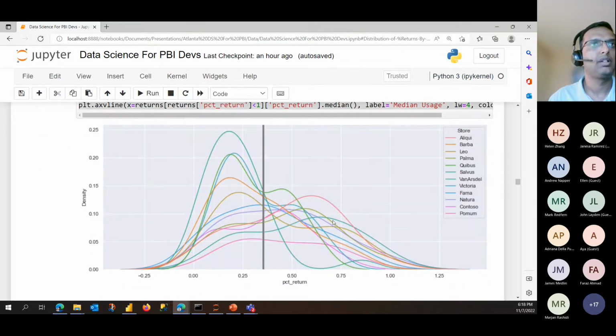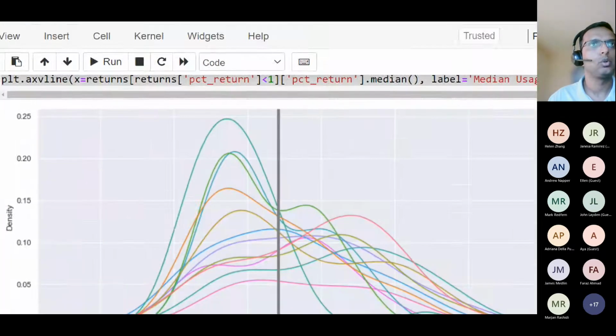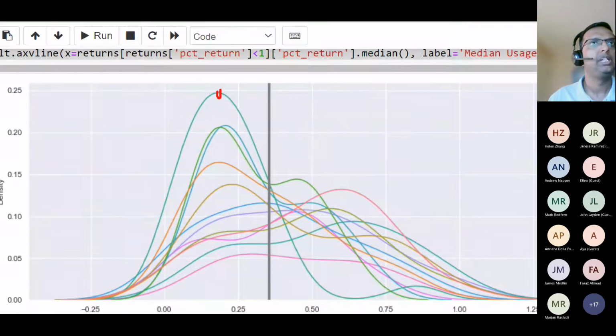If I look at all the different stores, we have some stores that have a peak here and then further down here. There are a couple of stores that have two peaks, but their highest peak is on the right-hand side and then a low peak on the left-hand side. And then there are stores that have a distribution that looks like this, that is completely flat in the middle and then tapering on the left-hand side and the right-hand side.